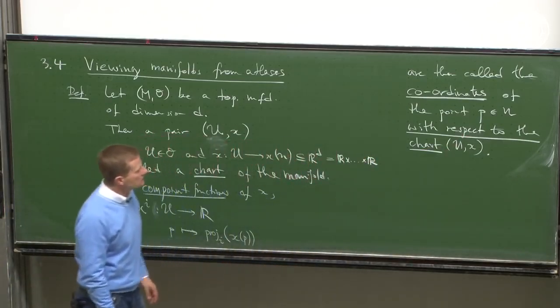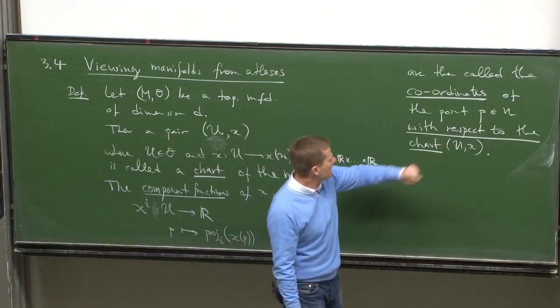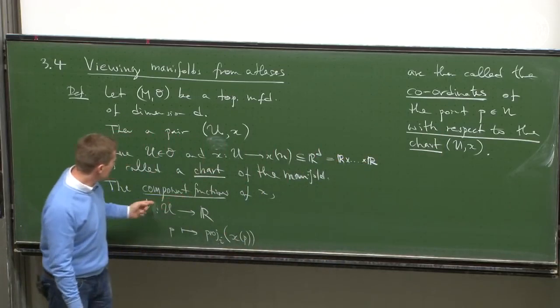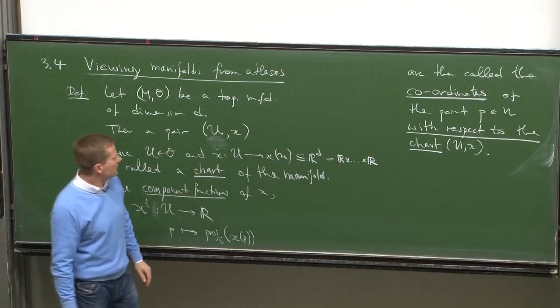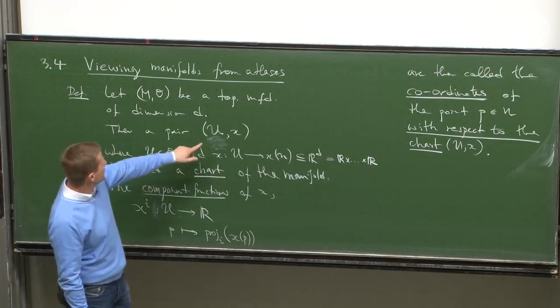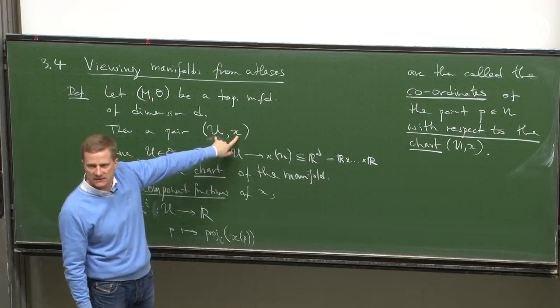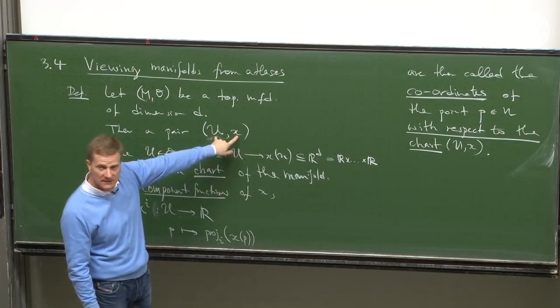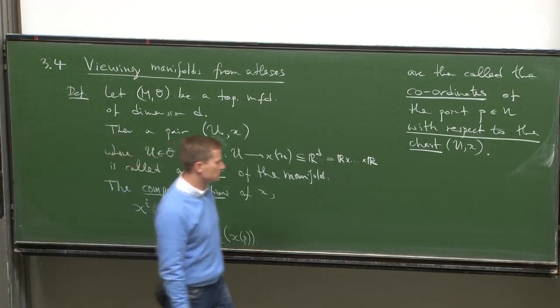And that's fine, but the question is, what happens if you look at the same point with respect to different charts? You could certainly have that, because if around every point of the manifold such a pair exists, like the definition of a topological manifold guarantees it does, then you certainly have overlapping charts.